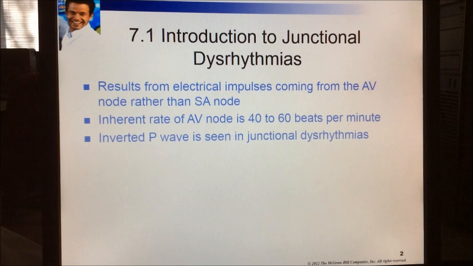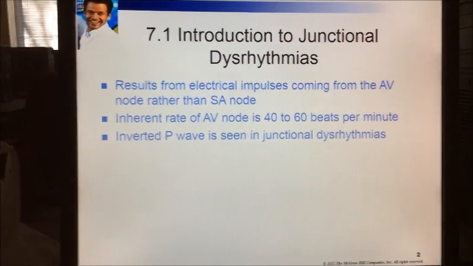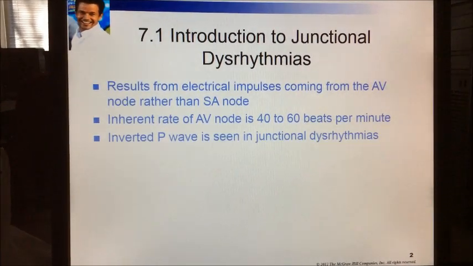Because it's slower to fire, slower to get started, therefore the heart rate altogether is slower. Also, the P wave, which should usually be up on a normal EKG, is going to be inverted or negatively deflected. So when a P wave is negatively deflected, or you can't see it at all, that automatically lets you know that it's not firing in the SA node, it's firing in the AV node.